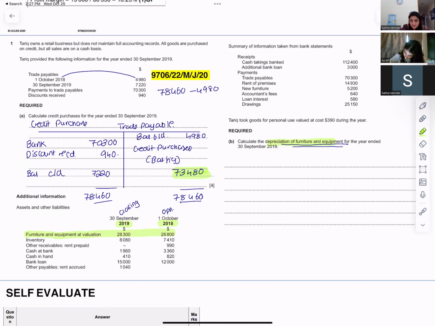New furniture. They've not given the depreciation amount.